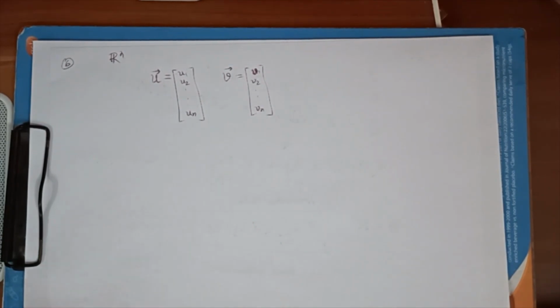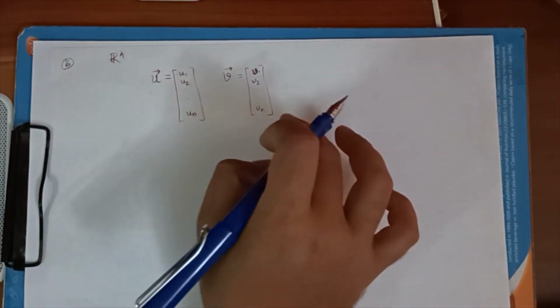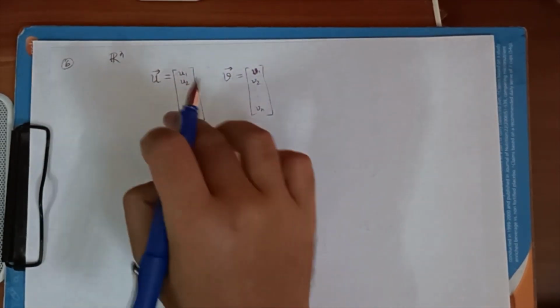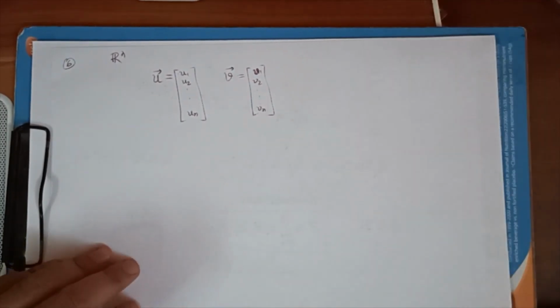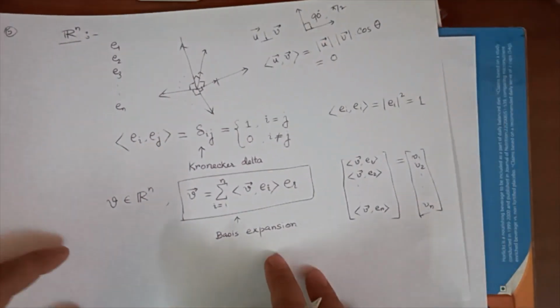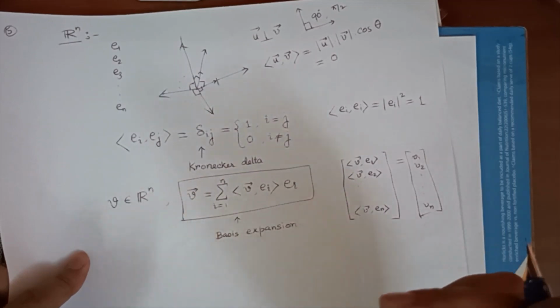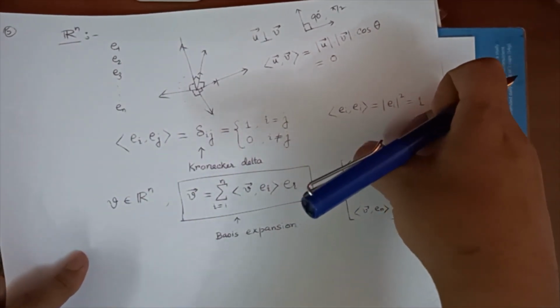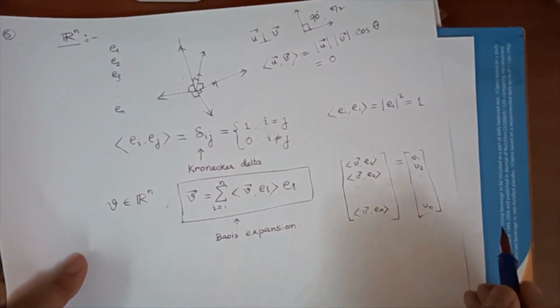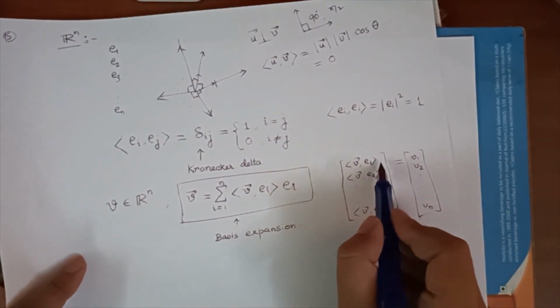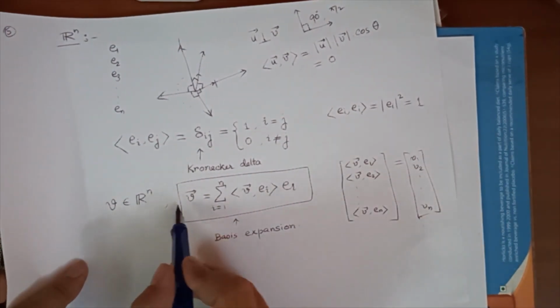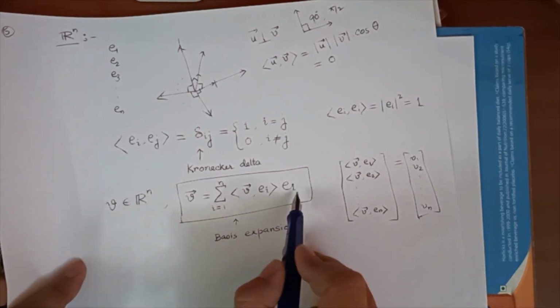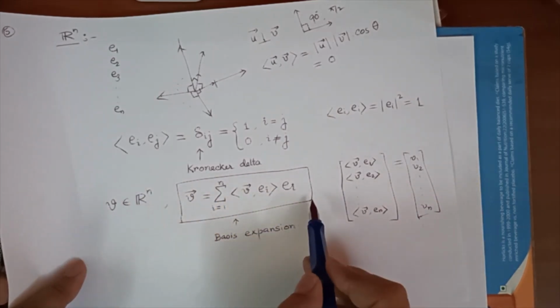So this implicit notation actually means this: V1 is equal to the inner product of V with E1, U1 will be the inner product of U with E1, and the vector V is essentially this formula. This is the representation, this is the basis expansion.